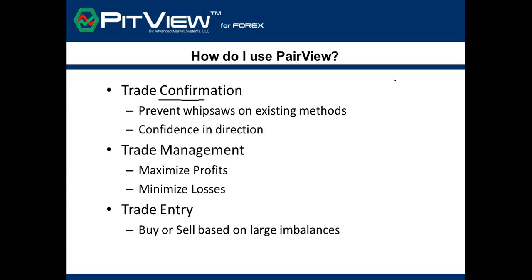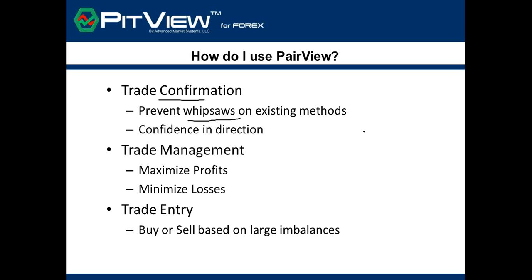When you're buying and selling and you're able to confirm through PitView that you're on the right side of where the market makers are taking their positions, it can give you a lot of confidence in a valid buy or sell signal. What this can also do is prevent the dreaded whipsaw effect. It happens to me still. PitView cannot prevent whipsaws 100% of the time. Nothing is 100% accurate in the markets. That's why trading is more of an art form than it is a science.